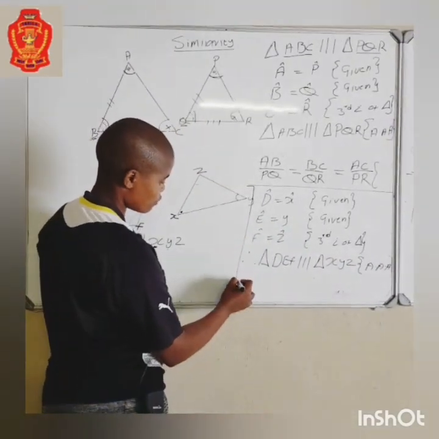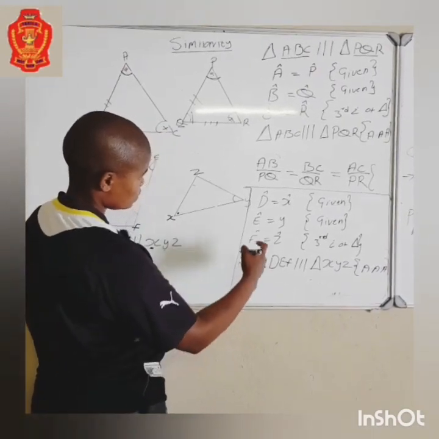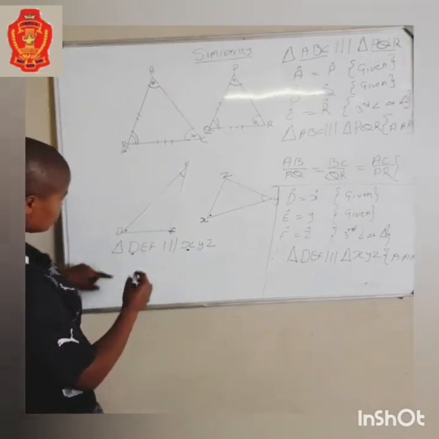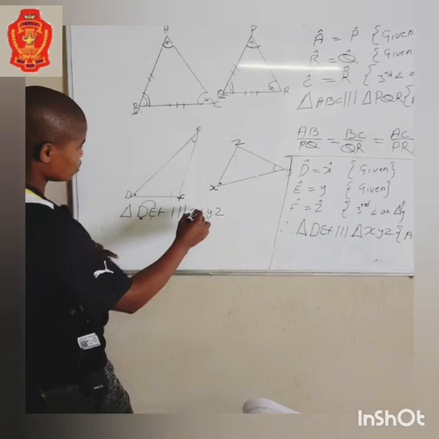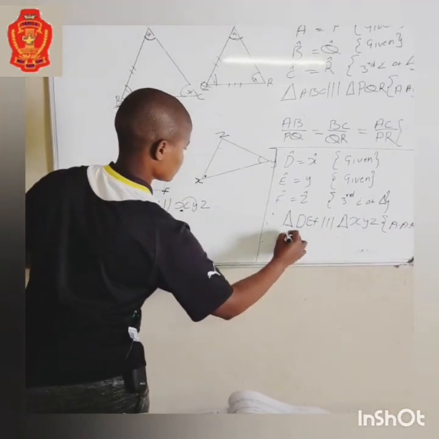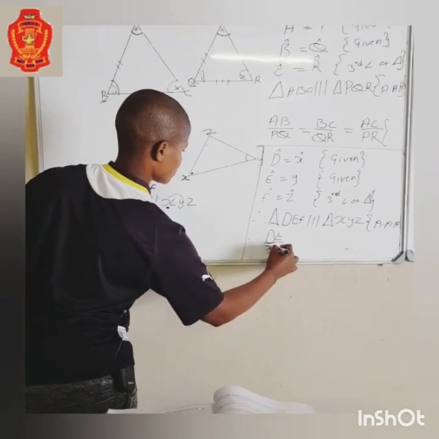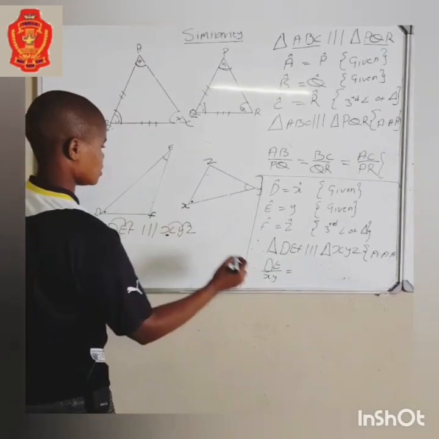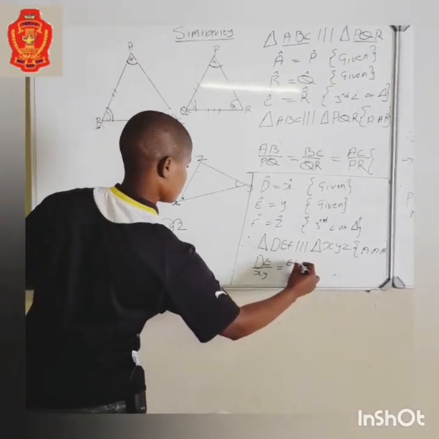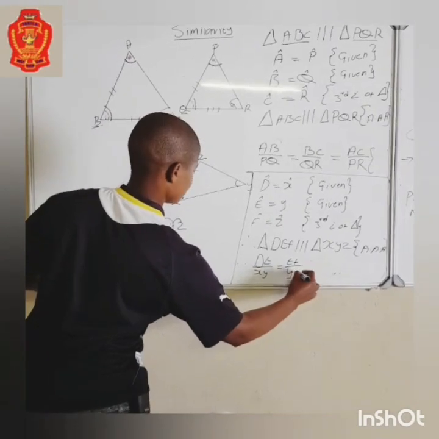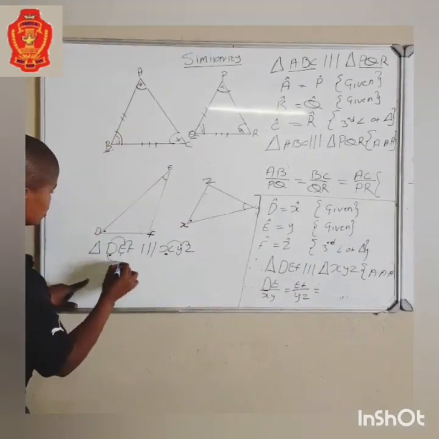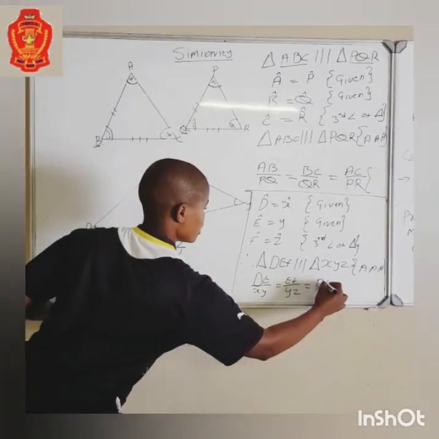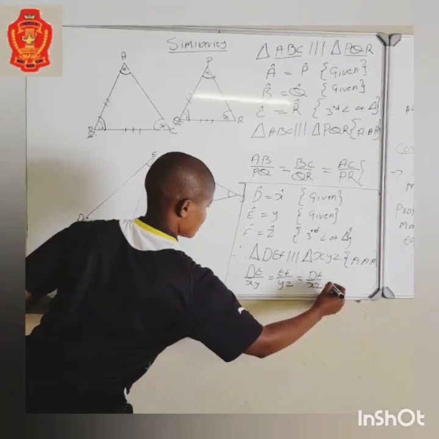And then I'll say, therefore, corresponding sides are in proportion. Corresponding sides: DE over XY is equal to EF over YZ, which is equal to DF over XZ.